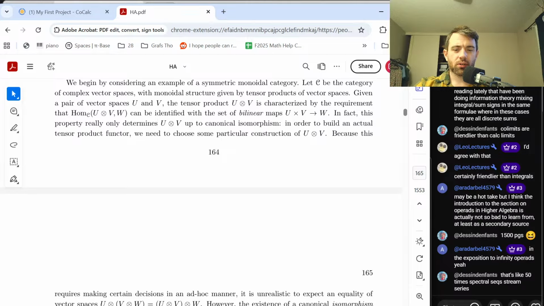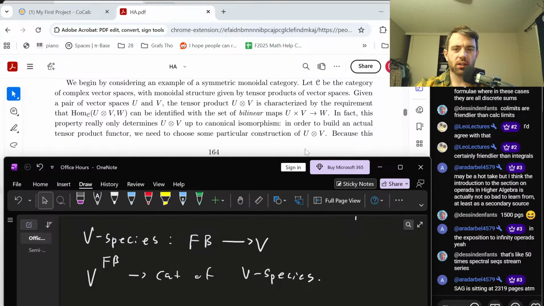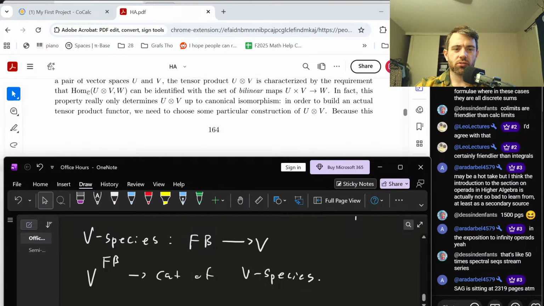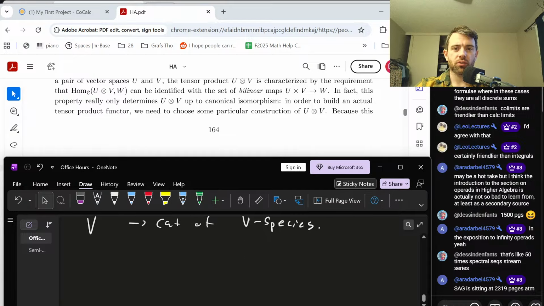C is a category of complex vector spaces with monoidal structure given by tensor product. Given a pair of spaces, the tensor product is characterized by the requirement that it can be identified with the set of bilinear maps. In fact, this property really only determines this up to canonical isomorphism.